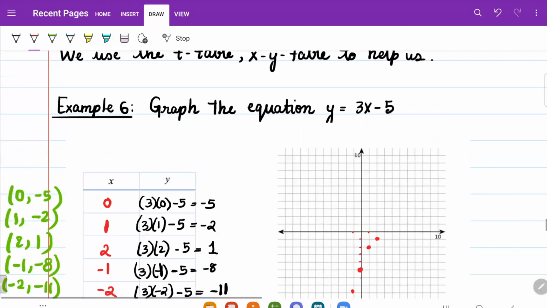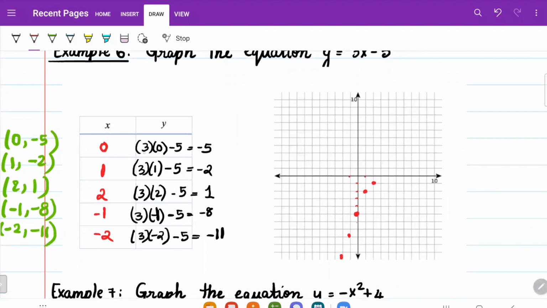Let me cross check if we got everything right here. We have 3 times 0 minus 5 is minus 5. 3 times 1, 3 minus 5 is minus 2. 3 times 2 is 6, minus 5 is 1. Minus 3 minus 5 is minus 8. And 3 times minus 2 is minus 6, so this is minus 11.